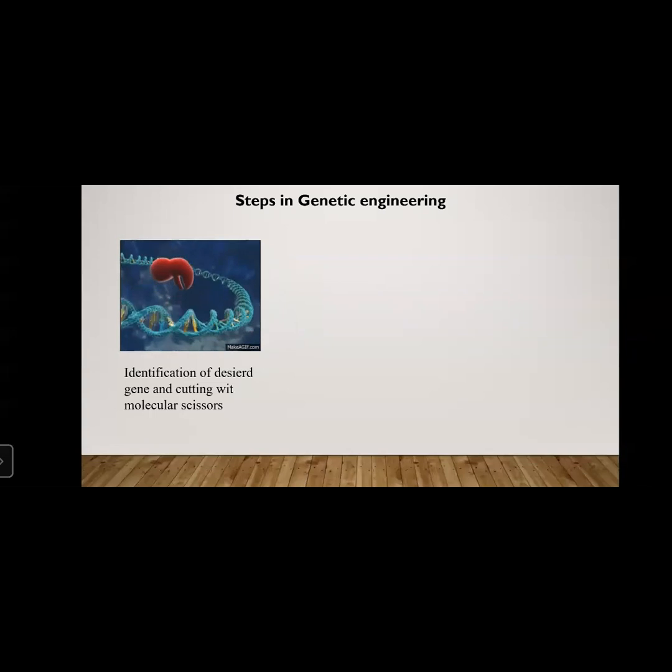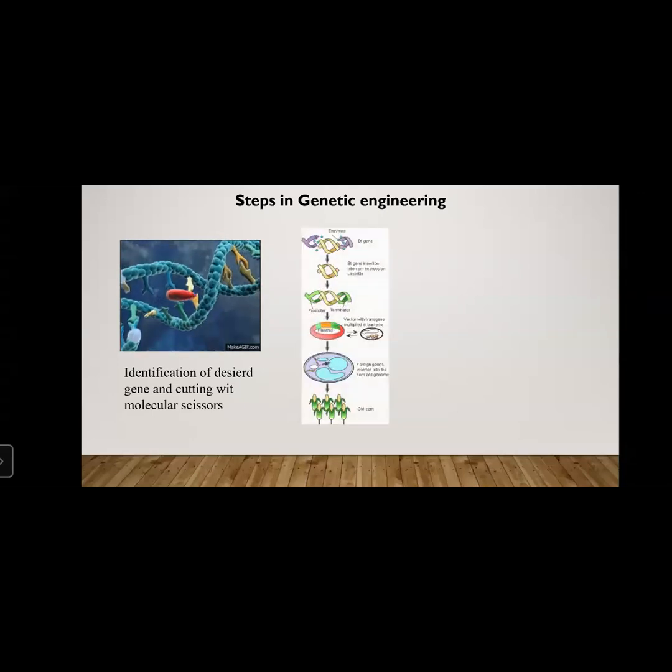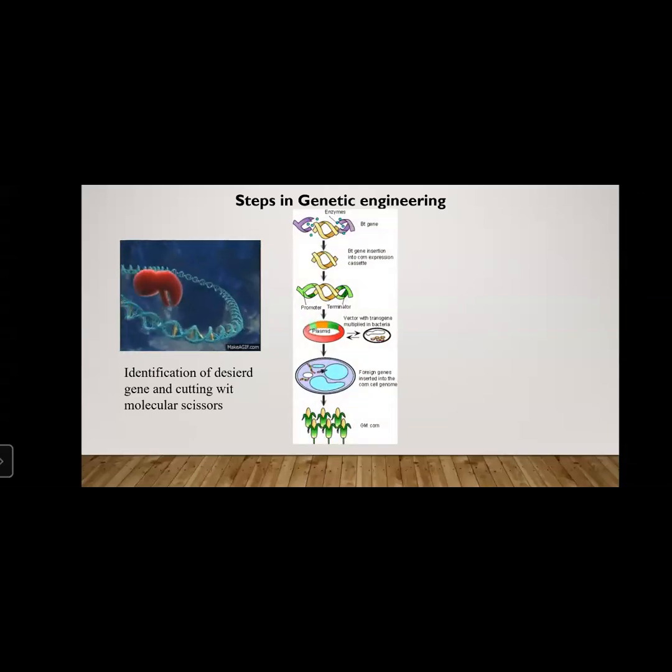Now, after cutting it with the molecular scissor, we get that separated desired gene. This separated desired gene is then transferred into another organism. Usually, a bacteria called E. coli, that is Escherichia coli, is used for transfer of such genes.